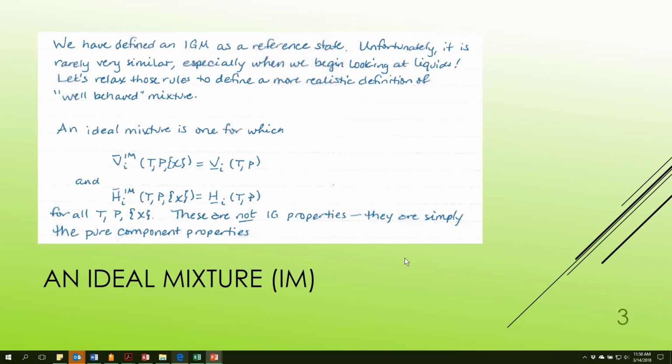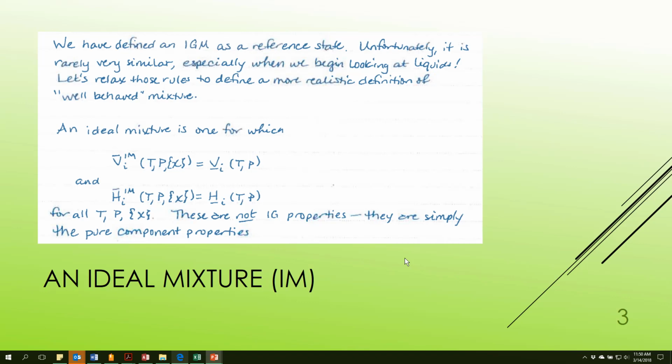So we define an ideal mixture to be one for which the partial molar volume of a species in the mixture is the same as the molar volume of that species as a pure. And similarly, the partial molar enthalpy of a species in this ideal mixture will be the same as the enthalpy of that species as a pure.